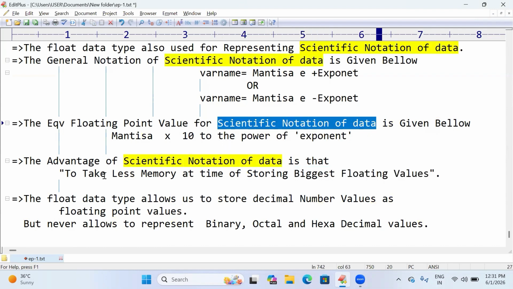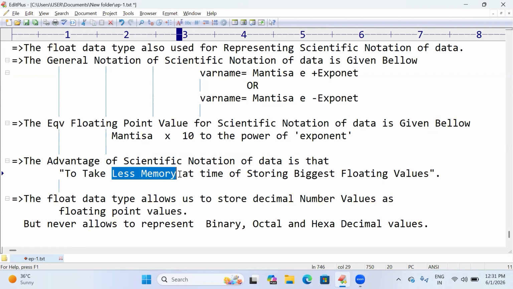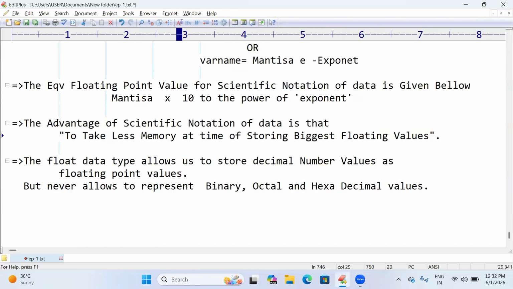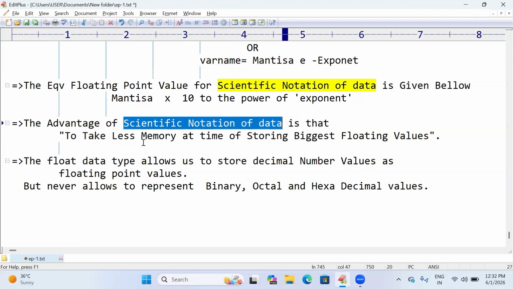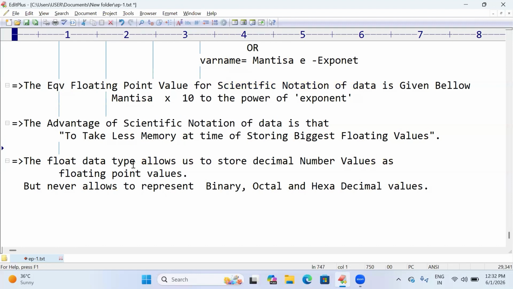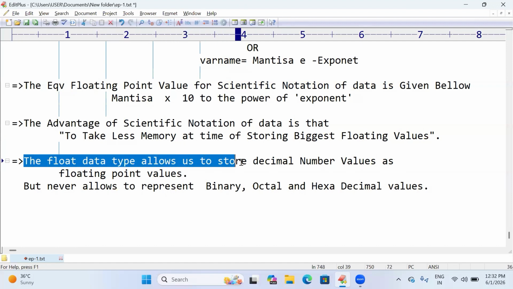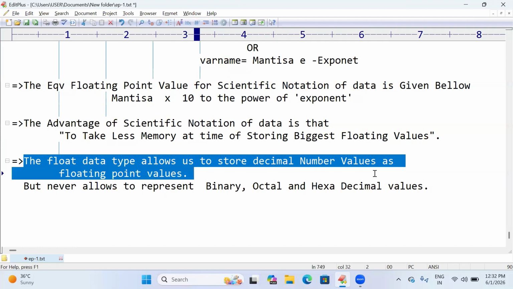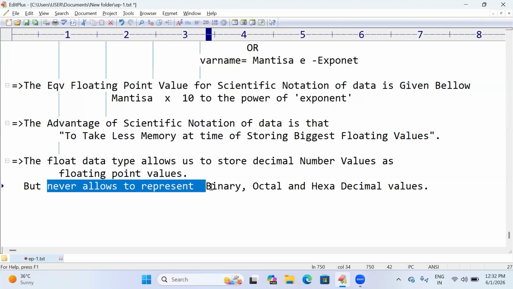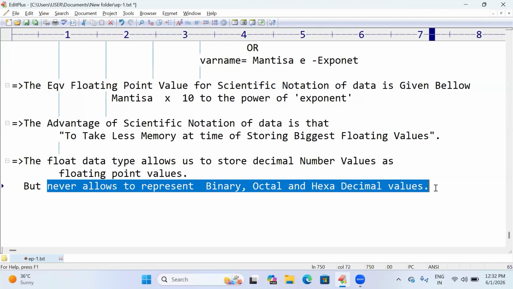That is the main advantage, and scientific notation of data comes under the float data type only. The float data type allows us to store decimal number values as floating point values, but it never allows binary, octal, or hexadecimal values.